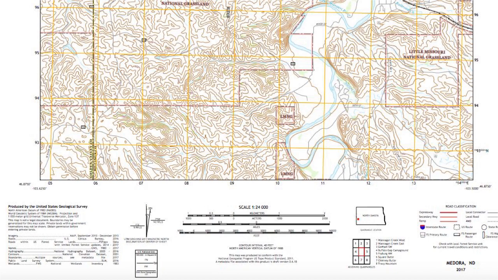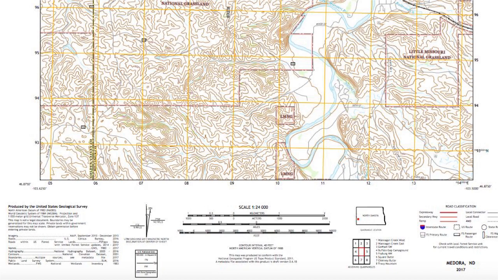And the other thing that hopefully you noticed, at the very bottom there's a scale. And that scale shows you the distances on the map. So whether you're dealing with miles or kilometers and how far that is on the map. Another thing hopefully that you noticed is these numbers on the bottom here and the numbers on the side. Those numbers are latitude and longitude numbers, and you can see them in the corners here too.